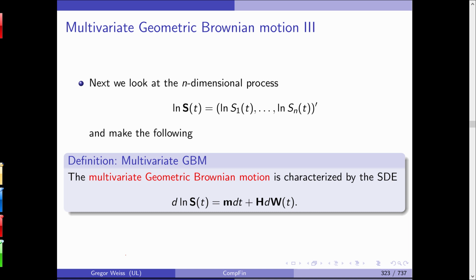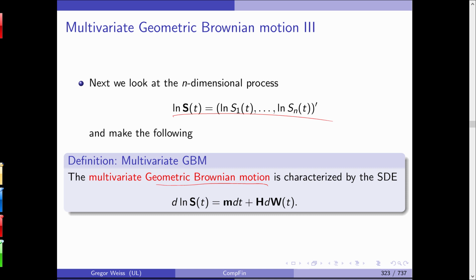If we now look at this n-dimensional process, we assume that we want to model n stock prices. We have the following definition. The multivariate geometric Brownian motion is characterized by the stochastic differential equation.